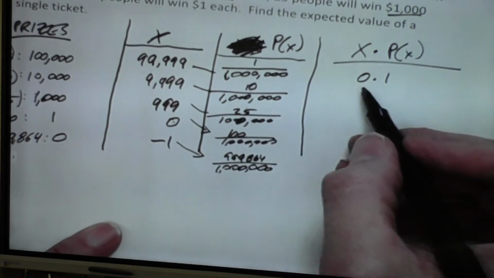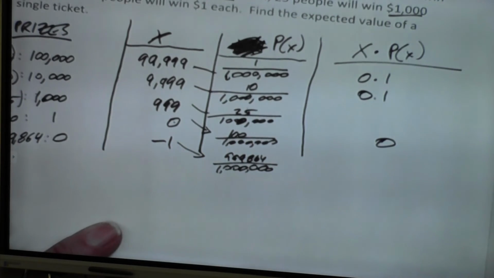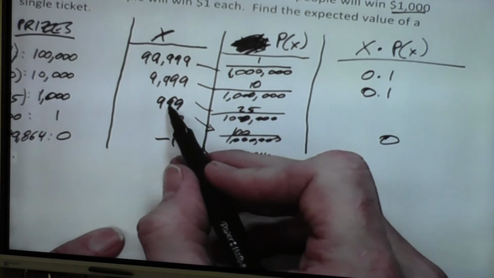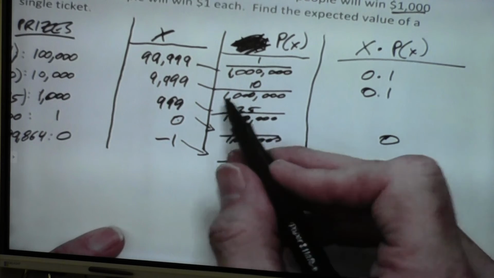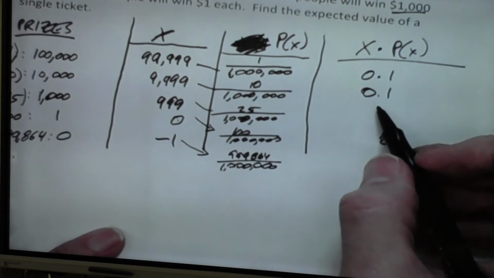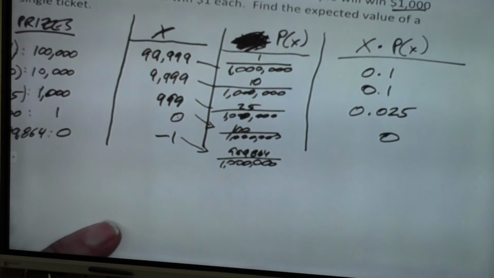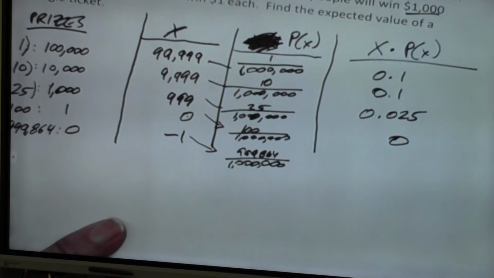So it actually is, because it's 10 of them times it, it's about the same, 0.1. When you do 999 times 25 and then divide by 1 million people, you end up with 0.025. It's actually like 0.0248 or something like that.